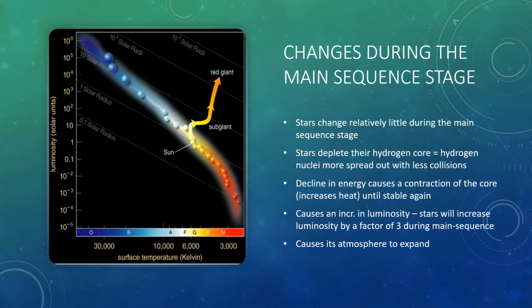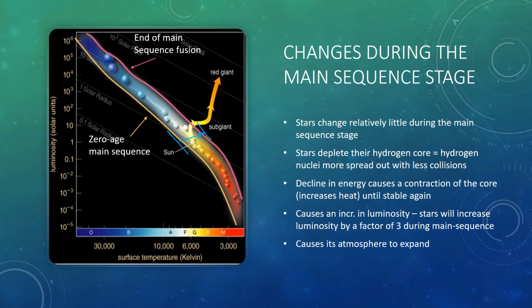During this change in luminosity, it's pretty impactful on the HR diagram, which spans a factor of over 1 million in luminosity. The change leaves the stars in a narrow band, beginning with the zero-age main sequence and ending with the end of the main sequence. Okay, so we have our zero-age and end of main sequence phase. So they kind of will rise up in this until they get to their end phase.